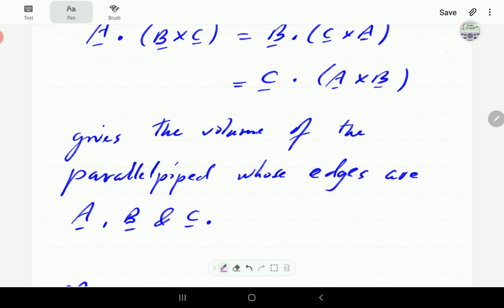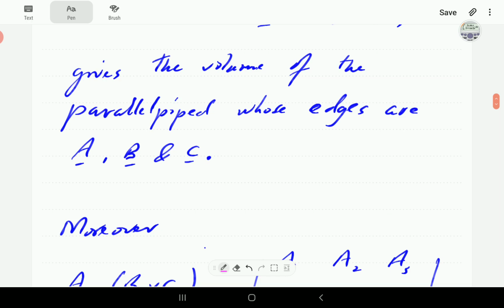A parallelepiped is a bit like a cuboid, but where the edges do not necessarily make 90 degrees. So if this is vector A and this is vector B, just one moment, choose another direction.